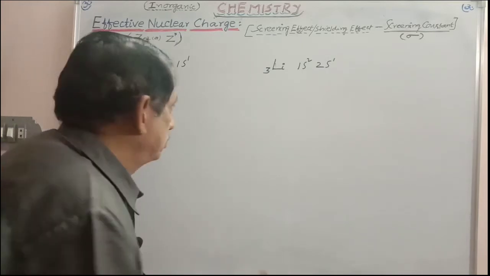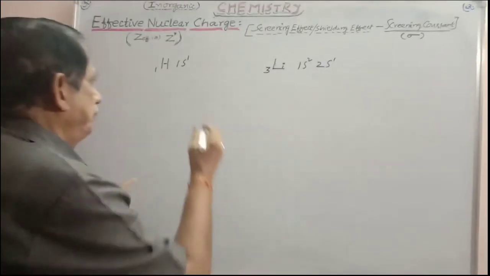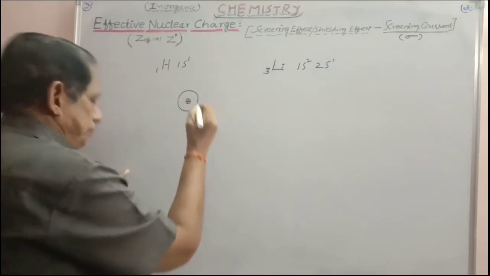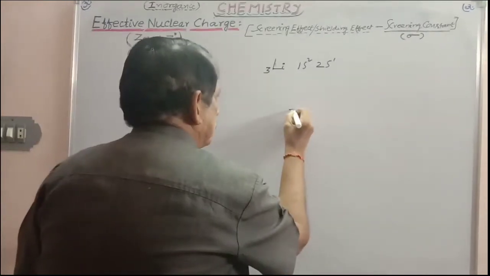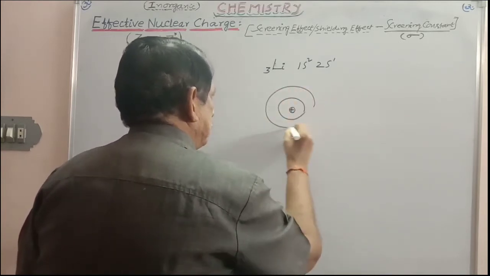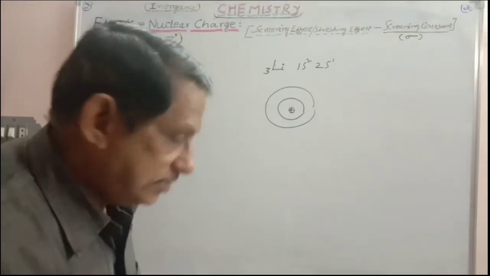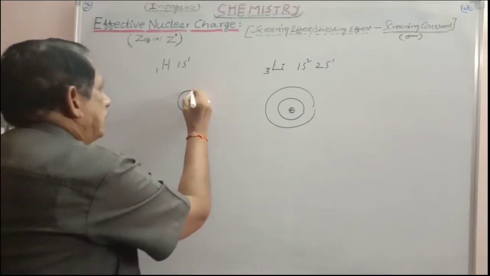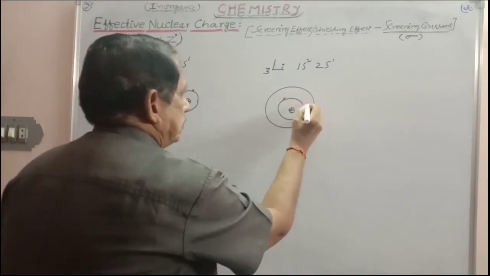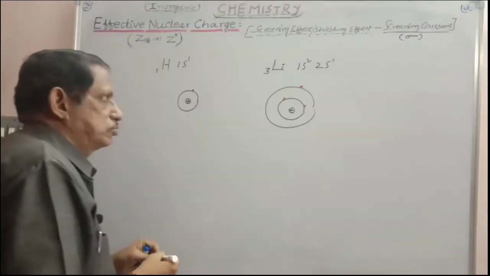Now I will consider the ionization energy of hydrogen and lithium also. This is the nucleus, this is the first orbit. Similarly here, this is the nucleus, this is the first orbit, and this is the second orbit. Like this we are taking. Here this contains 1 electron, this contains 2 electrons in the first orbit and 1 electron in the second orbit, 1s2, 2s1.